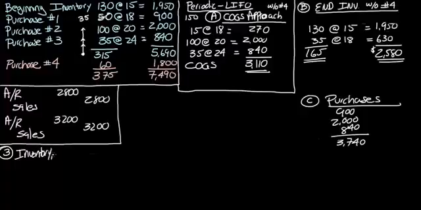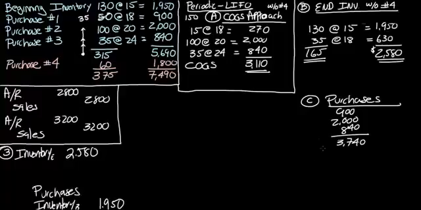So if I'm going to do my year-end journal entry, it would be inventory, and this would be the ending number. Would we calculate that as 2,580? Our inventory beginning number is 1,950. Our purchases were 3,740.